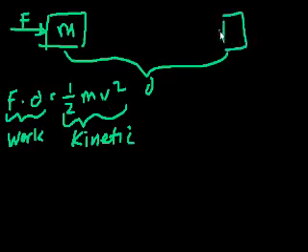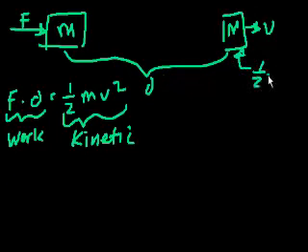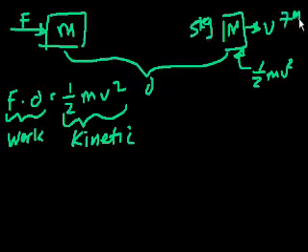So let's just say I looked at an object here with mass m and it was moving with the velocity v. I would say this has a kinetic energy of 1/2 mv squared. And if the numbers are confusing you, let's say this was a 5 kilogram object and it's moving at 7 meters per second.